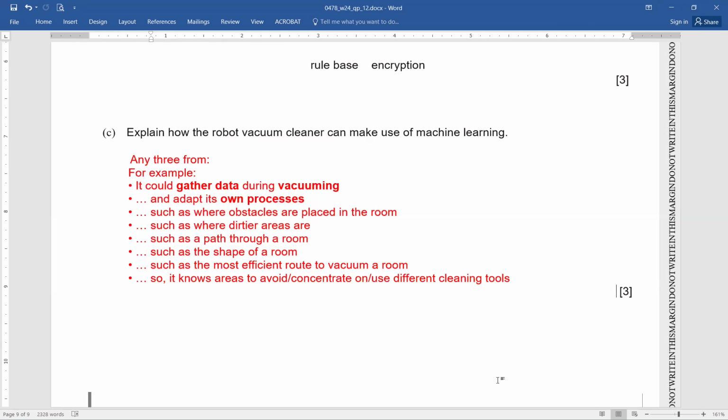And it is definitely going to find the most efficient route to perform the vacuum cleaning. And it knows which areas to avoid and which areas to clean. And this is going to give you 3 out of 3 if you have applied your knowledge of machine learning in answering this question. Any questions?